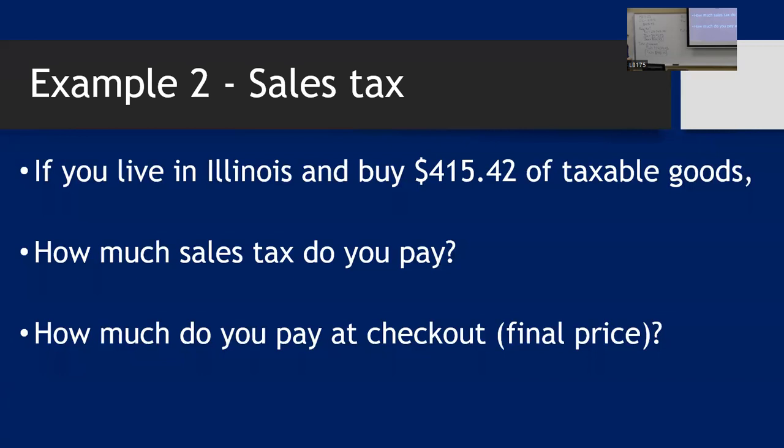That one's probably fairly trustworthy. But 8.73%. I want you to find the sales tax on that, and then find the final price or the checkout price after taxes are applied.